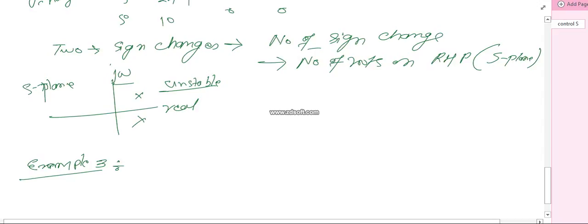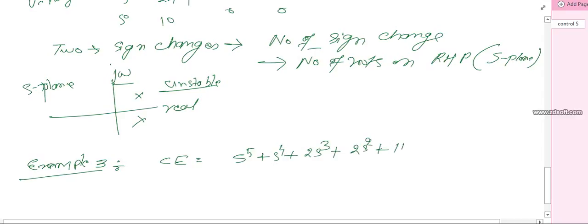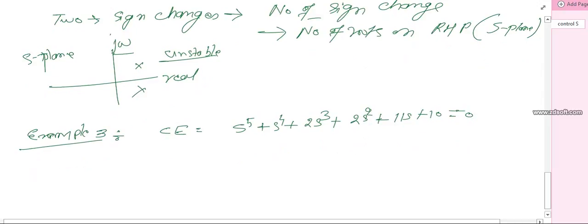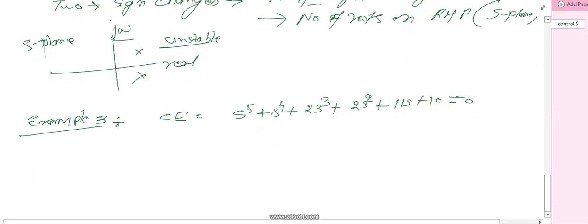Now next, the characteristic equation is s to the power 5 plus s to the power 4 plus 2s cube plus 2s square plus 11s plus 10 is equal to 0. Okay, so this is your equation.